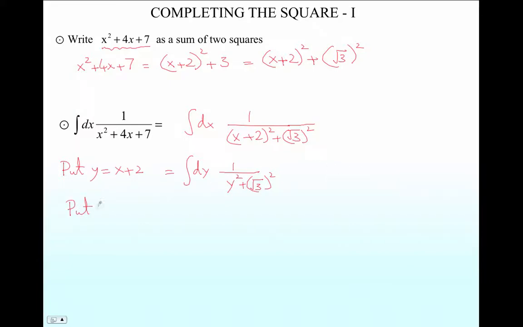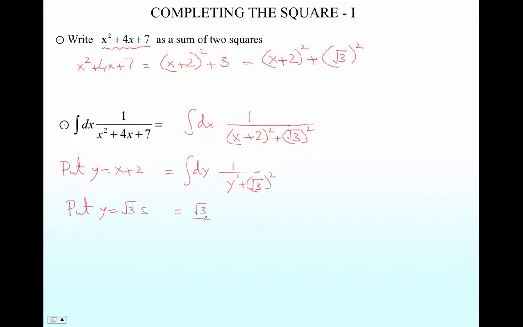Let me put y equal to square root of 3 times, let's say, s. So then dy will be equal to square root of 3 ds. And so this is square root of 3. And now at the bottom, I have y squared, so that is 3s squared.